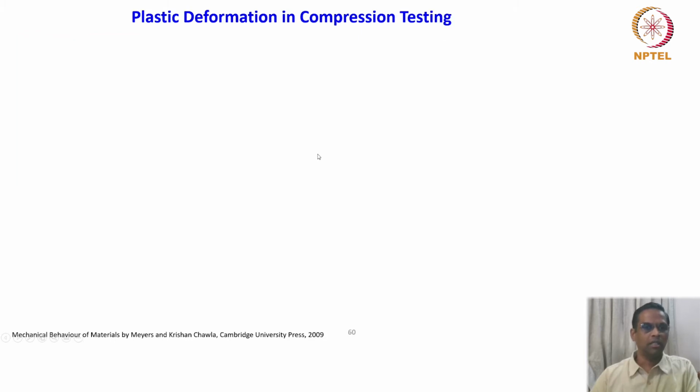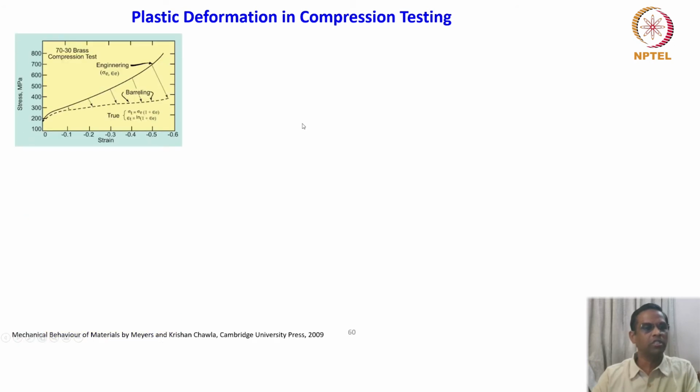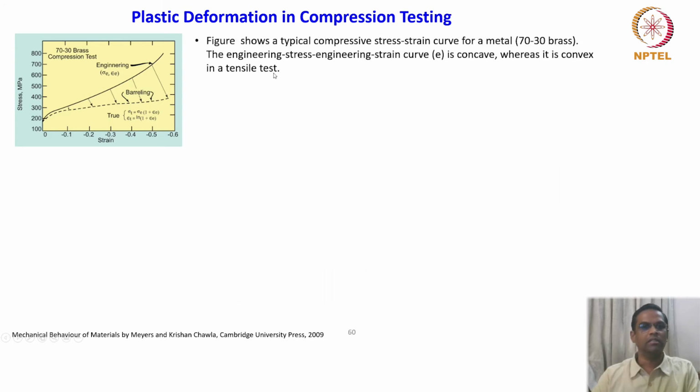So what is the mechanics or plastic deformation information? This is a typical stress strain curve for a compression test. In this case, it is 70-30 brass, and we will see the details.